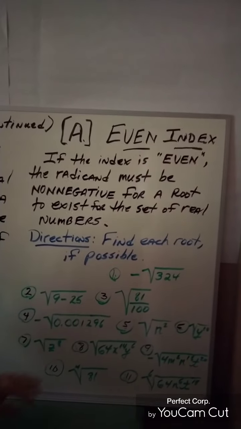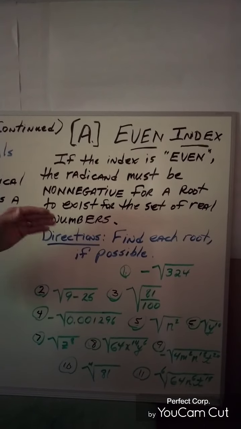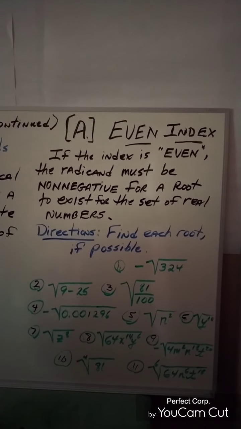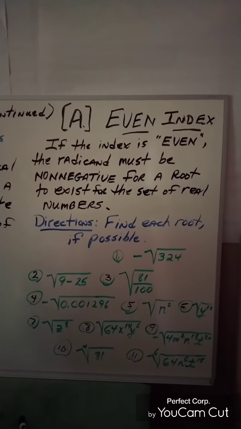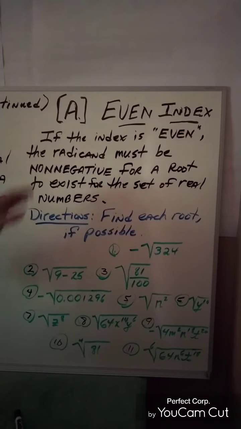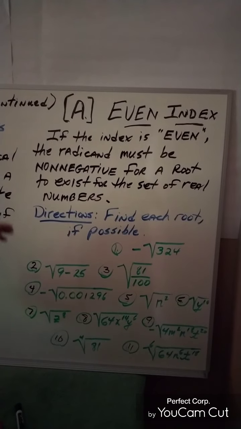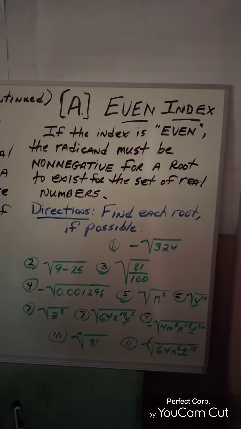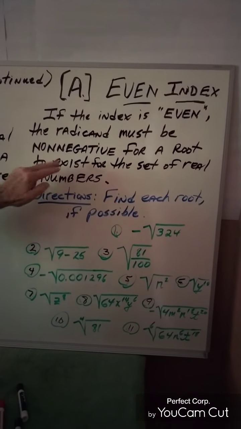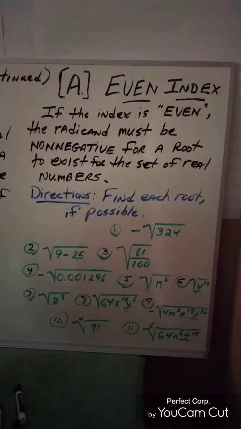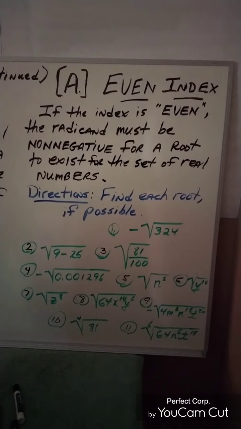So the first set of problems that we're going to look at for this rule number 1 is simplifying or evaluating radicals when the index is even. And here's the rule that will follow if the index is even. If the index of a radical expression is even, the radicand must be non-negative for a root to exist for the set of real numbers.